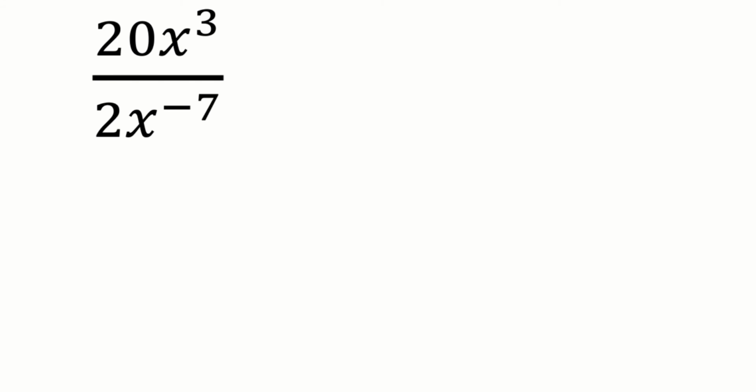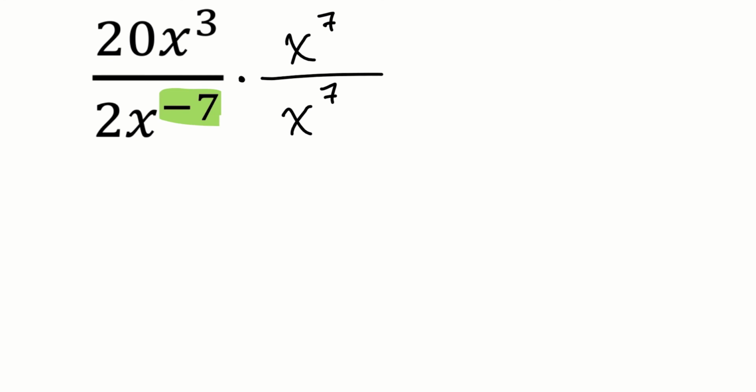So let's clear this negative exponent. And we're going to clear the negative exponent by multiplying this by x to the positive 7th power. I specifically picked x to the 7th power because my goal is to neutralize this x to the negative 7th.